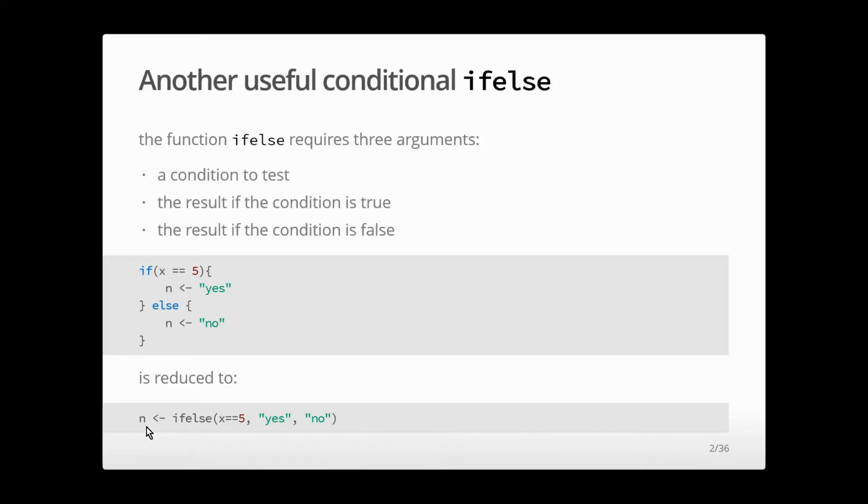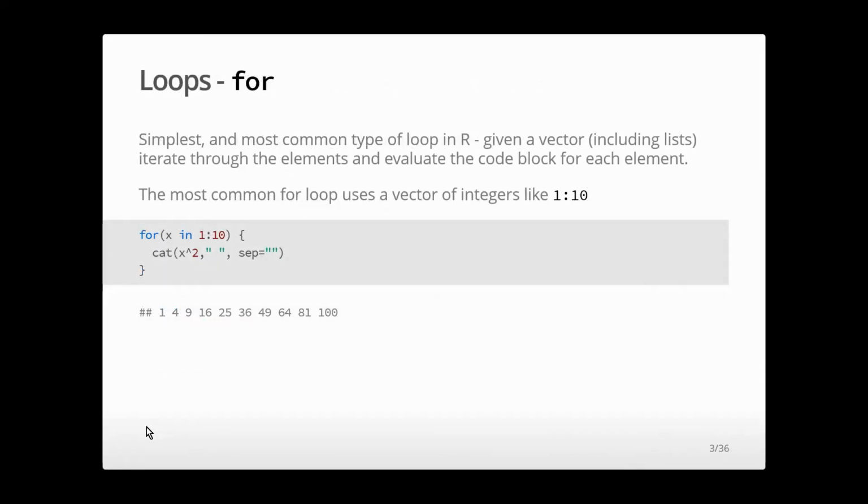All right, let's talk about for loops. There will be many times where you'll have to use a loop of some kind. A lot of times we can avoid loops by using vectorized operations. For example, this whole thing we could just do 1 through 10, power 2.